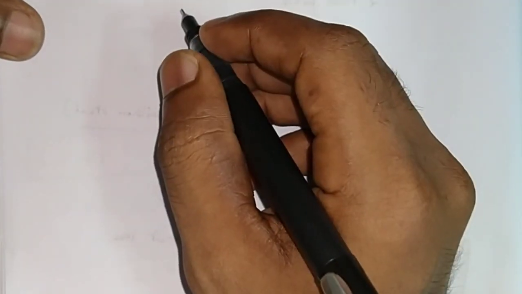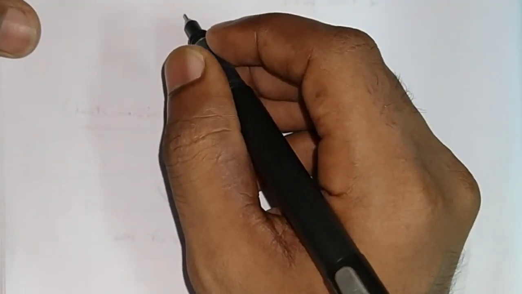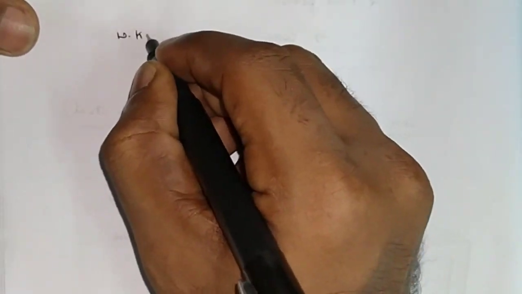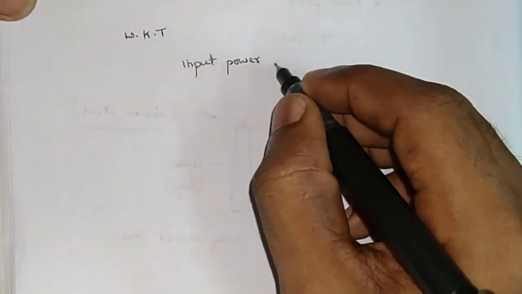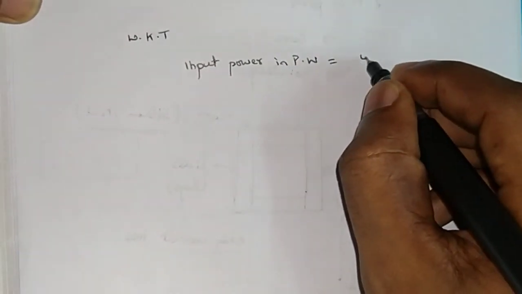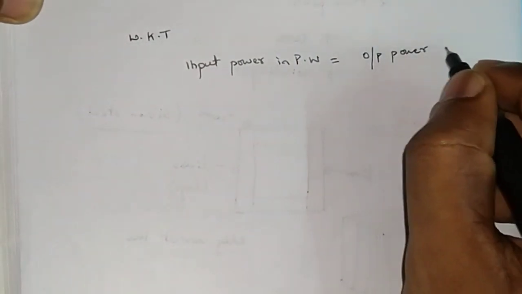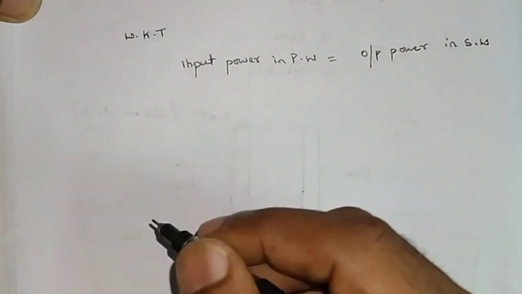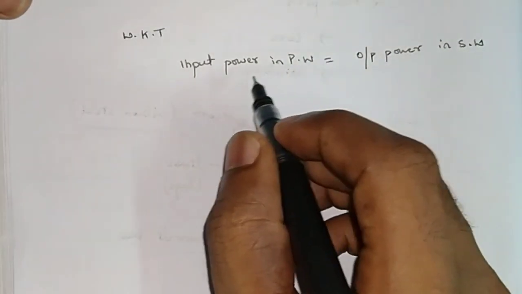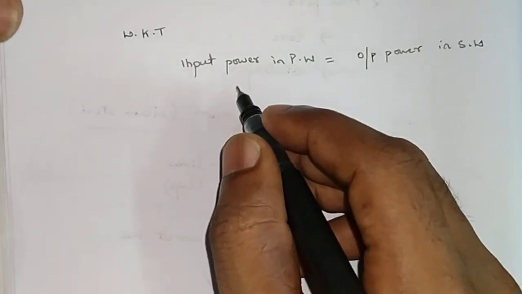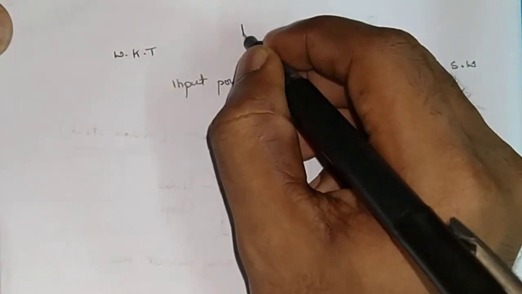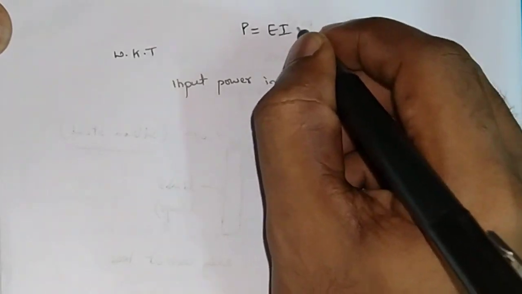After finding the ratio between the voltage and number of turns, we know that power will be same. So input power in primary winding is equal to output power in secondary winding. Now if I want to write the formula for power, the circuit is an AC circuit. So the power formula for AC supply is E I cos phi.